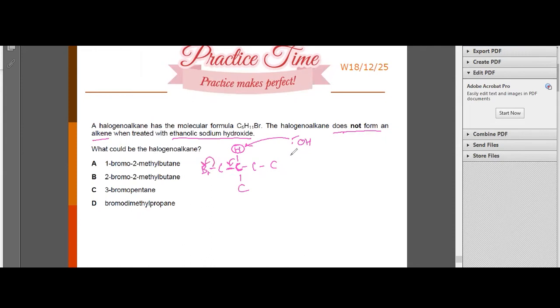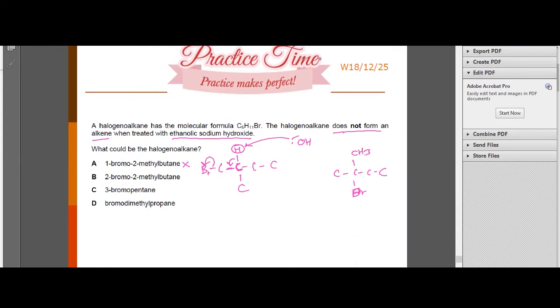So alkene will be formed in A. So what we want is a halogenoalkane that is not A, because in this statement the halogenoalkane does not form an alkene, but in option A it is formed. How about B? 2-bromo-2-methyl.